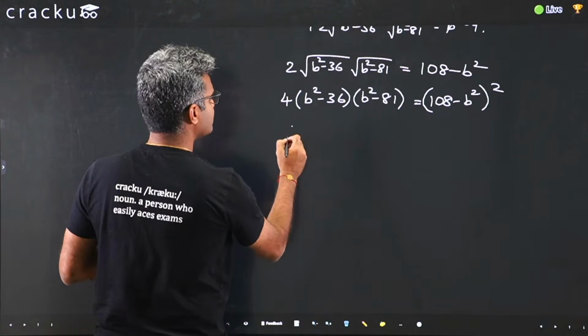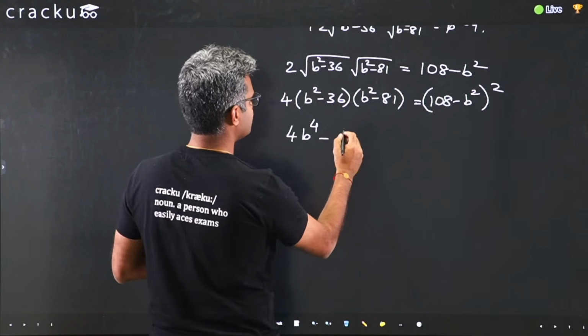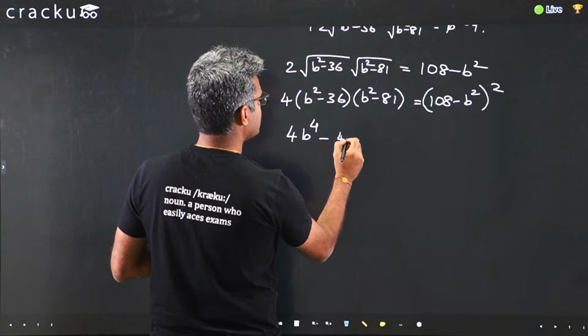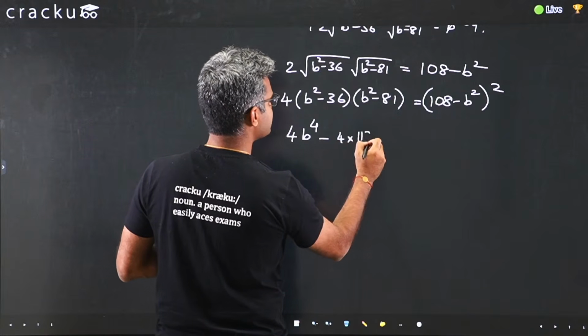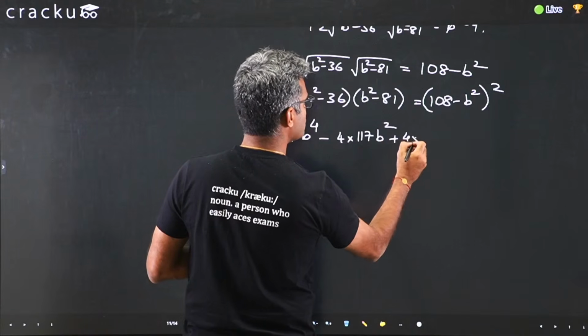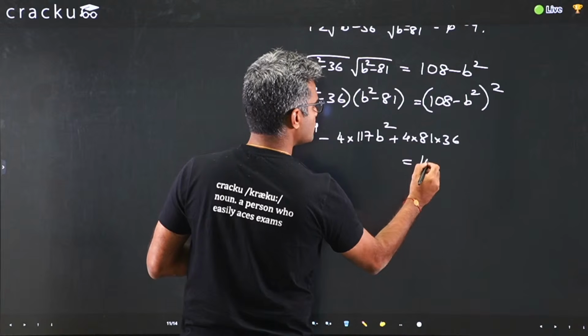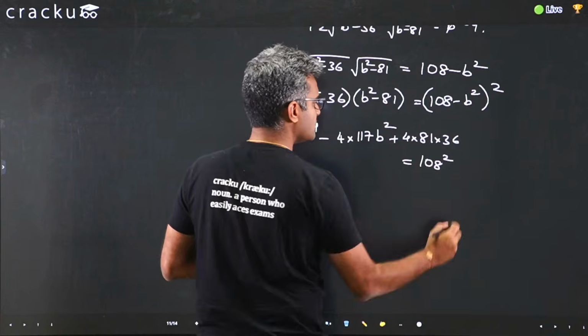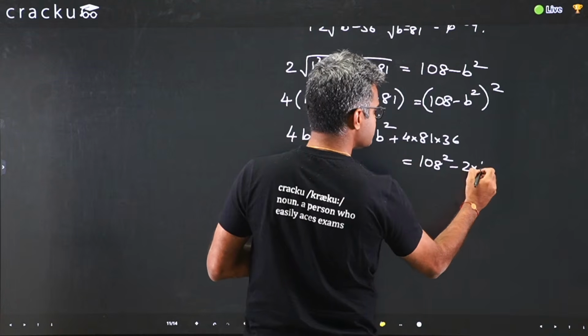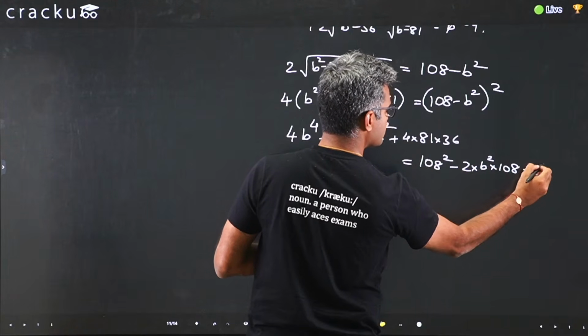Or we are going to get 4 into B to the power 4 minus 4 into 117 B square plus 4 into 81 into 36 is equal to 108 square minus 2 times B square into 108 plus B to the power 4.